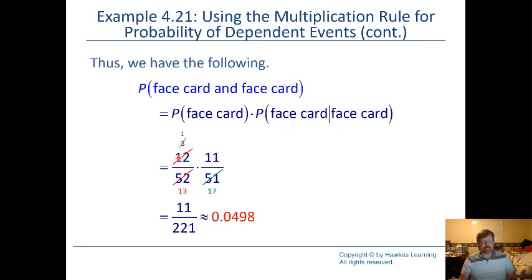That simplifies things a bit, and we get 4.98%. So you can think of this as the probability of drawing a face card and then a face card in a dependent scenario is this.